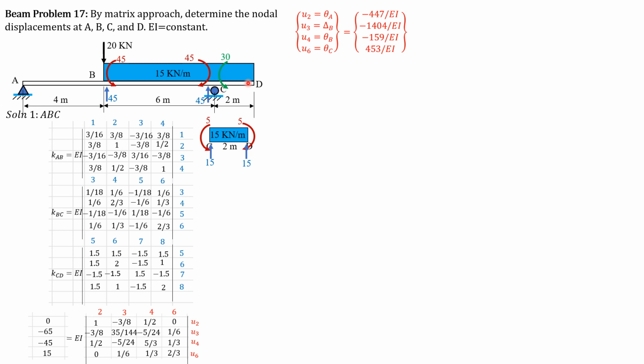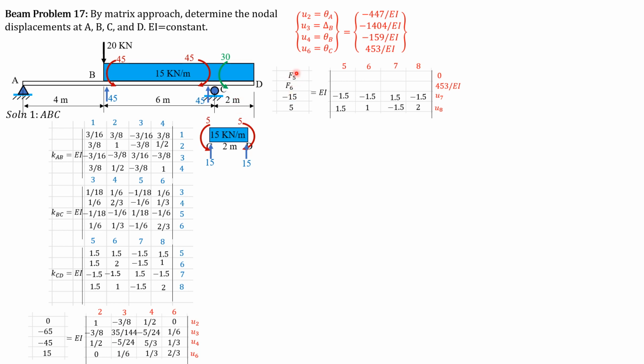5, 6, 7, 8, and we are interested only of the loads at D, which is negative 15. These are fixed forces, so the nodal forces will be opposite to this. So negative 15 and positive 5 because this is clockwise. So we have F5.